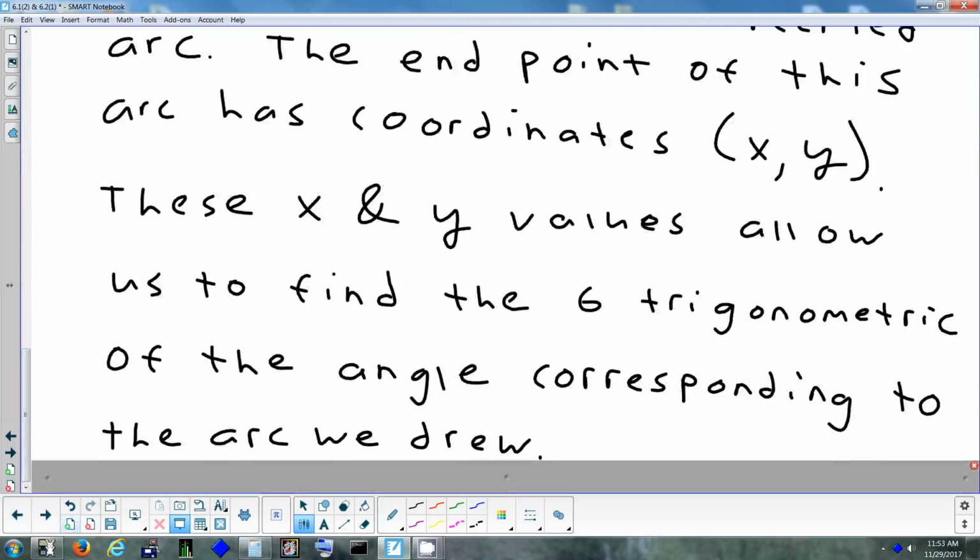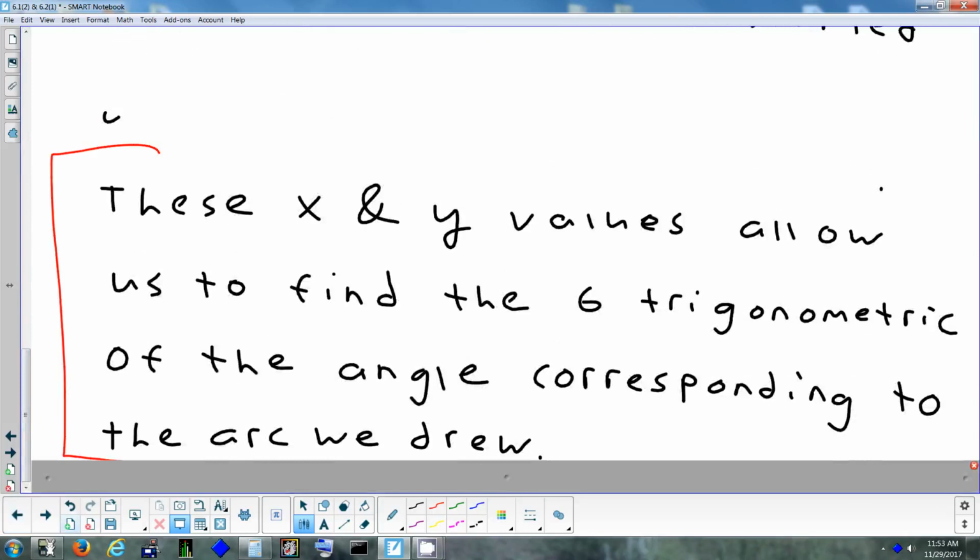Well, what the coordinate allows you to do is that. The x and the y value of the coordinate allows you to find the 6 trig functions of the angle that you drew in the circle.